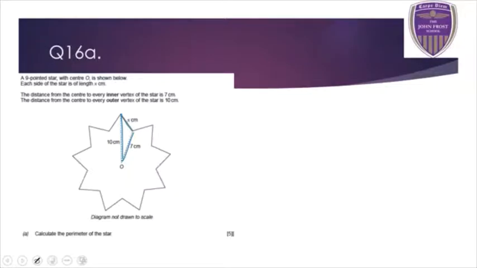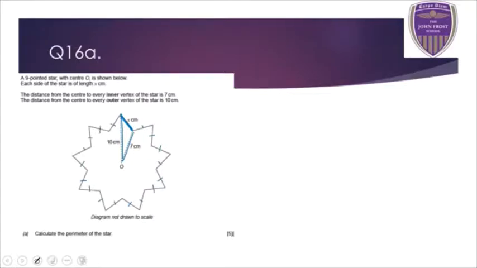Calculate the perimeter of the star. So basically, we need to work out the outside length. But if we can work out one length, all you've got to do is times it by 18, because there's 1, 2, 3, 4, 5, 6, 7, 8, 9, 10, 11, 12, 13, 14, 15, 16, 17, 18.